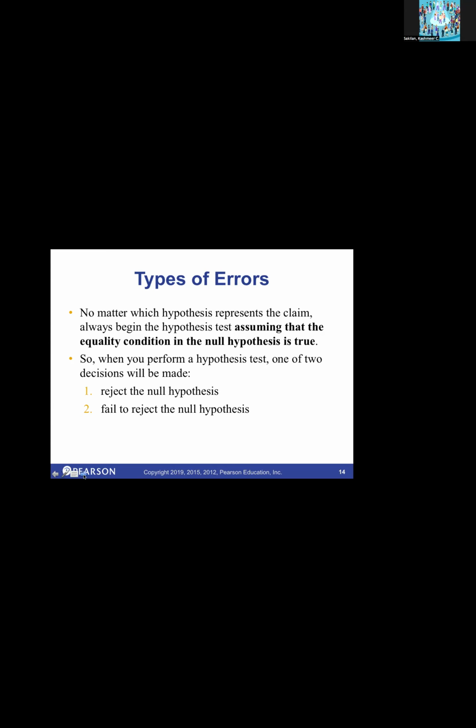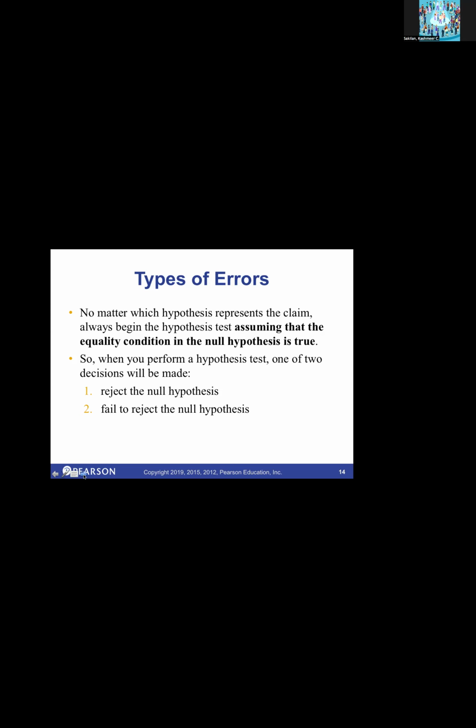That is why, if you read a thesis or dissertation, the hypothesis normally used in any kind of research is HO, the null hypothesis. When you perform a hypothesis test, one of two decisions will be made: you reject the null hypothesis or you fail to reject the null hypothesis.